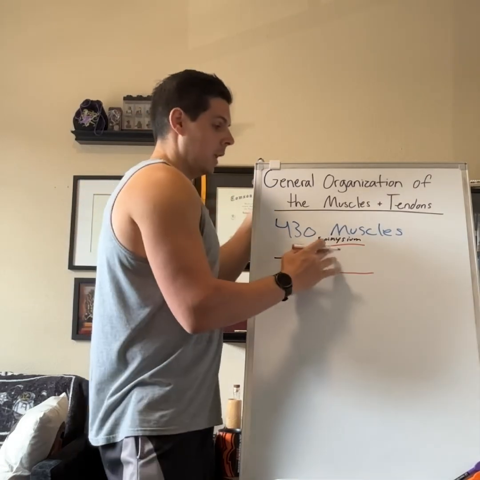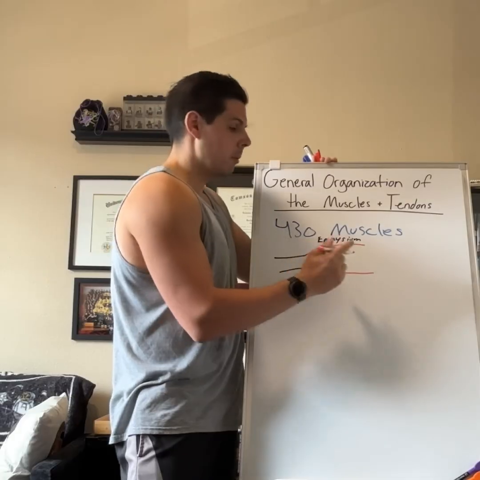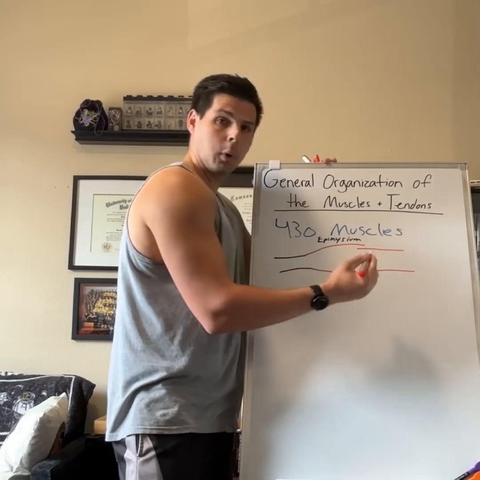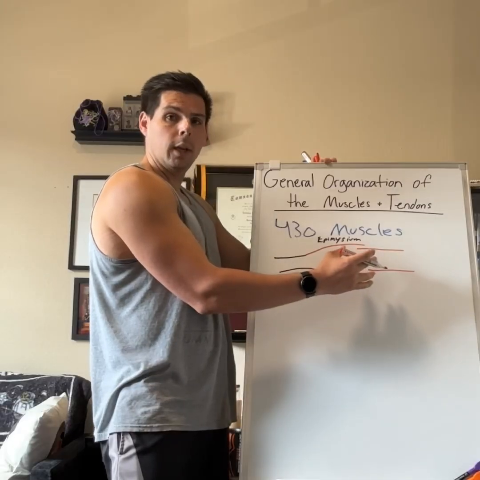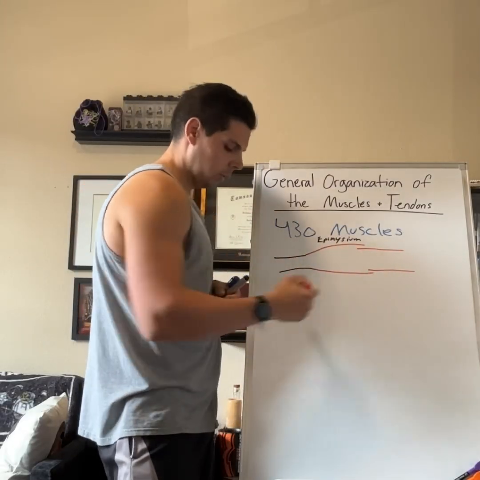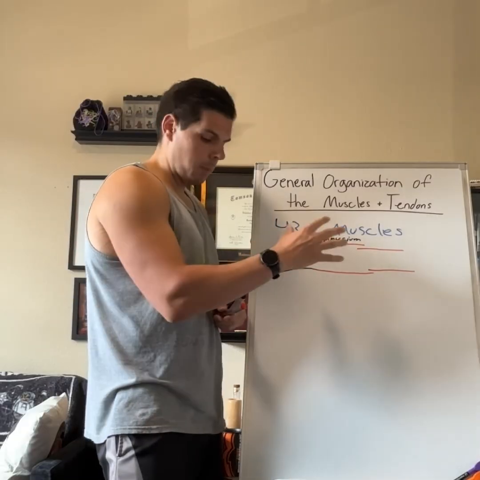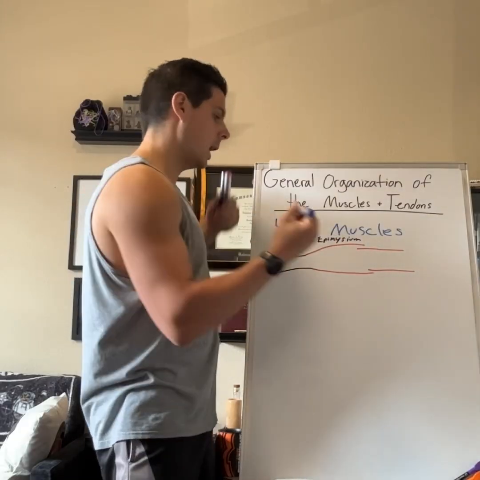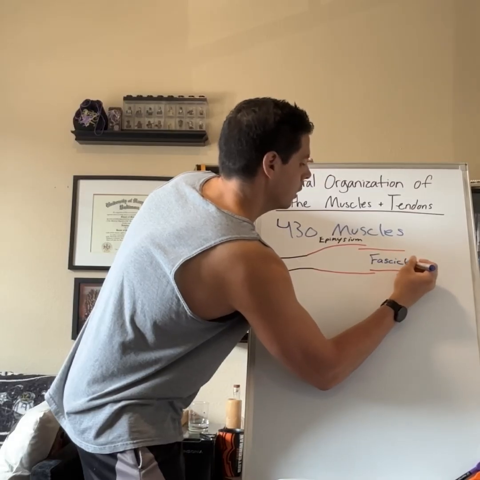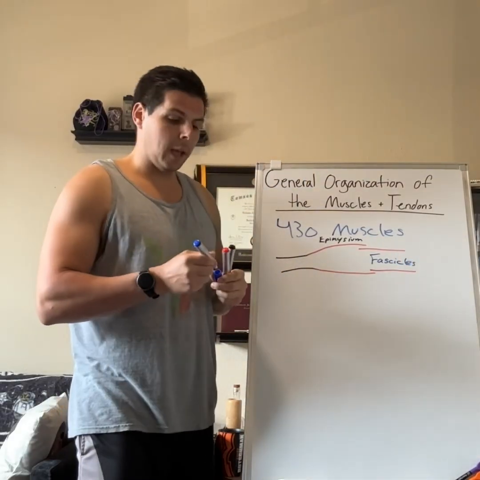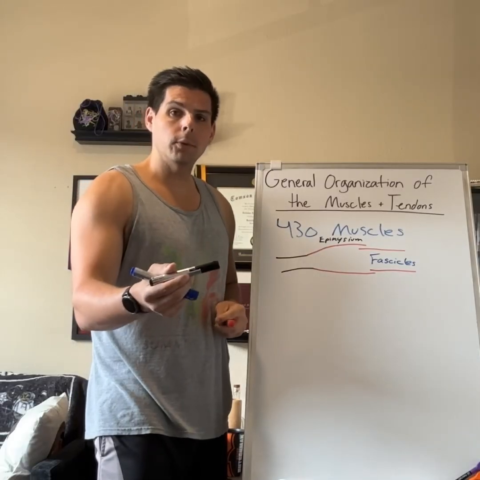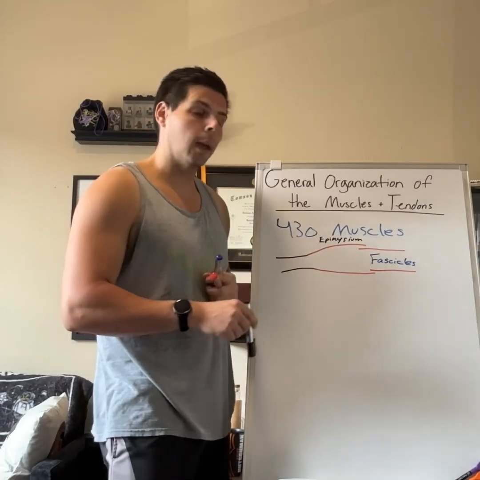Now, within the larger structure of the muscle belly, there's a further bundling, breakdown, or structural organization of the muscle tissue. These bundles inside of the greater muscle belly are referred to as muscle fascicles. You will also see them referred to as muscle fasciculus. These are synonyms, these are interchangeable terms, they both refer to the same thing.